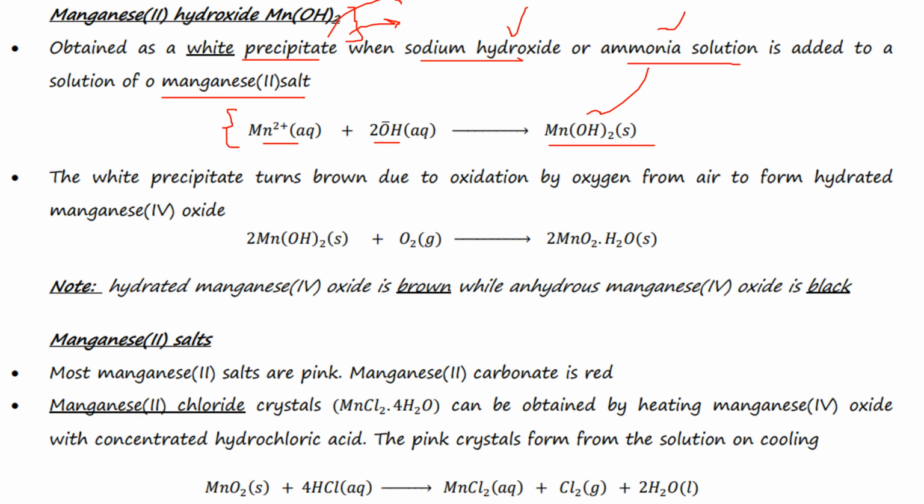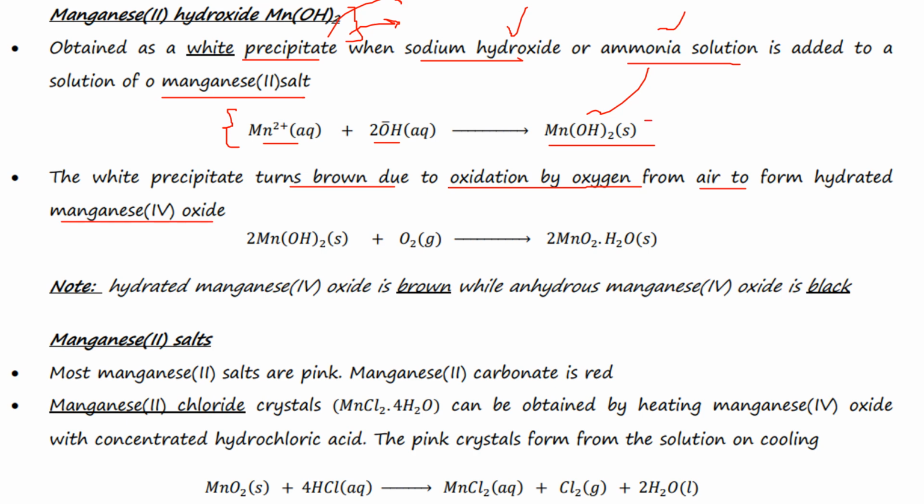So looking at that, this white precipitate of manganese 2 hydroxide always turns brown after a very small period of time. This is due to aerial oxidation. When I say aerial oxidation, I mean oxidation by oxygen coming from the air in order to form hydrated manganese 4 oxide.